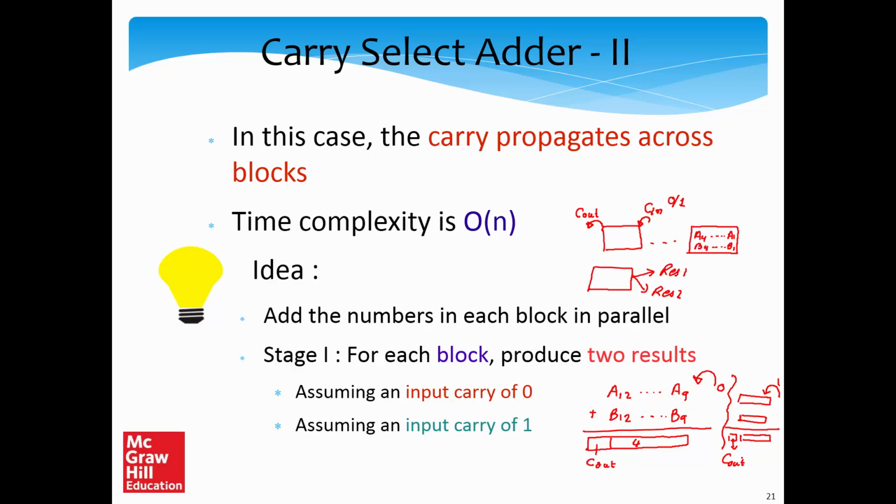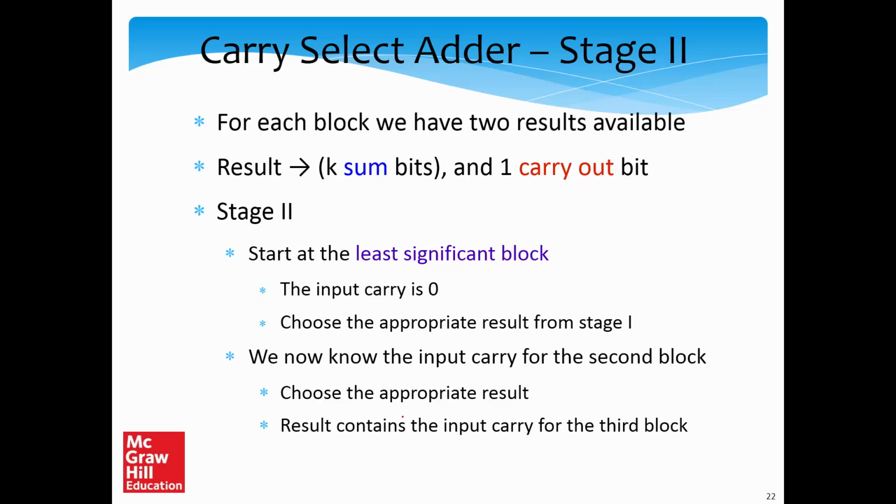Alright, so for each block we produce two results. We assume an input carry of 0 into the block, so we produce one result, and we produce one more result by assuming an input carry of 1. Since it's in hardware, both of these can happen in parallel. Assume that we are adding two 32-bit numbers and we have blocks of size 4, so we'll have essentially 8 pairs for 8 blocks.